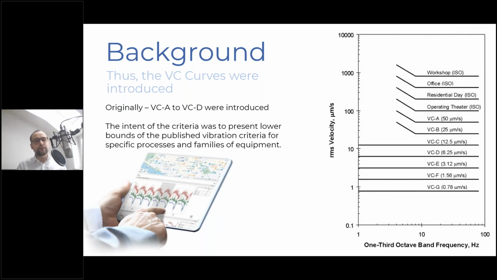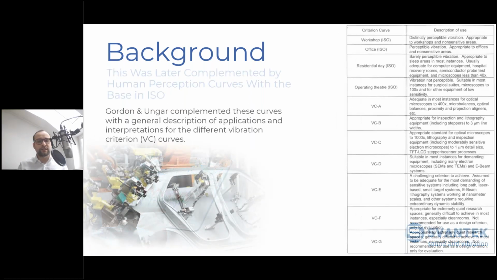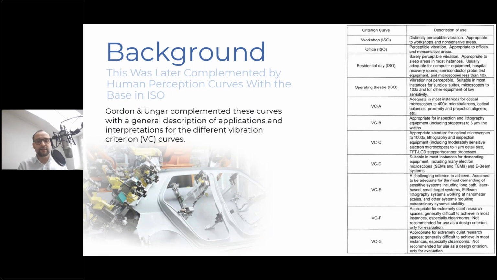However, they were quickly followed up with the ISO requirements for human exposure to vibration, which could also be measured and compared similarly. So anything above operating theater in this picture right here, that is something that we can sense. And in order to help us understand these different VC curves, these different requirements, they also created a general description of applications and interpretations.